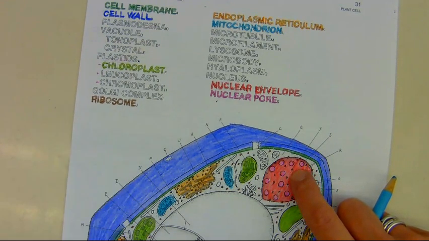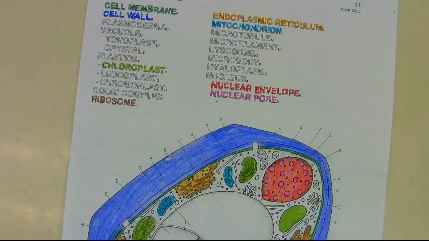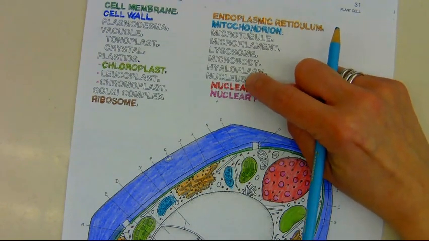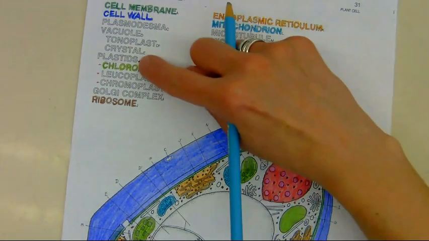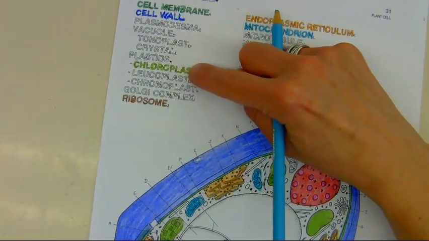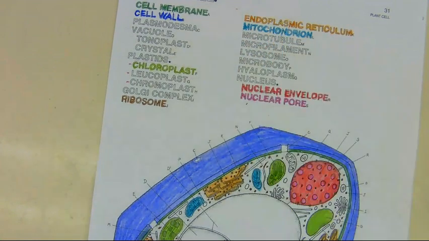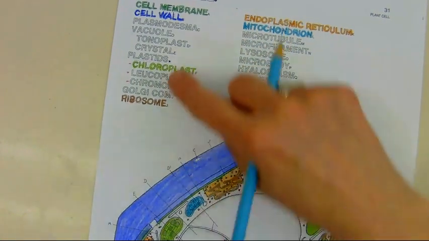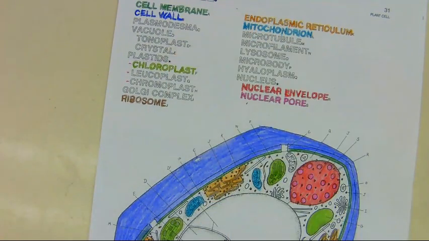So I colored those in brown, but then what that means is the nucleus is already all the way colored, so I don't need another color for the word nucleus. And then plastids are the same. There are some things that fit into the category of plastids, and I would color those things. I don't need another color for the word plastid.